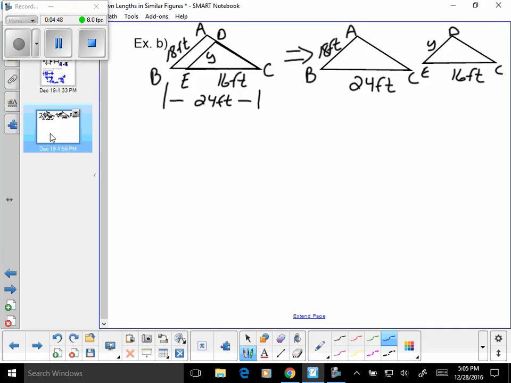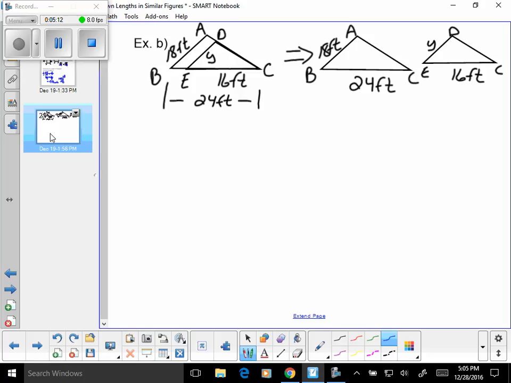And it makes it a whole lot easier to set up your proportions. Otherwise, I sometimes get, especially if they give you a measurement for B to E, I'll get that as your whole length, and that can't be possible. So I usually redraw them, and I recommend to my students to redraw them as well.